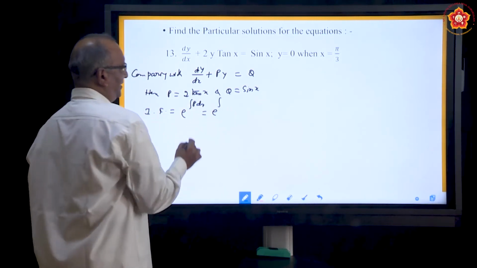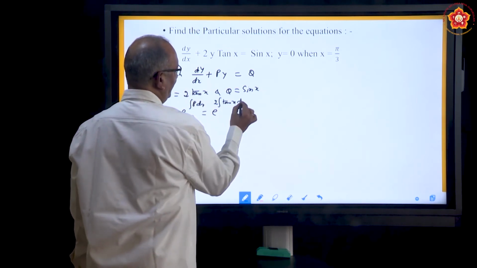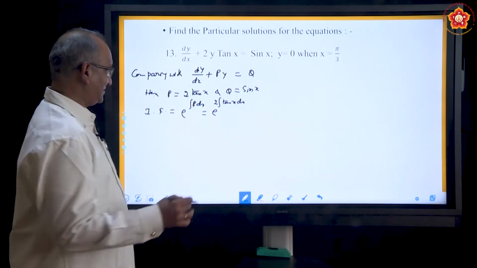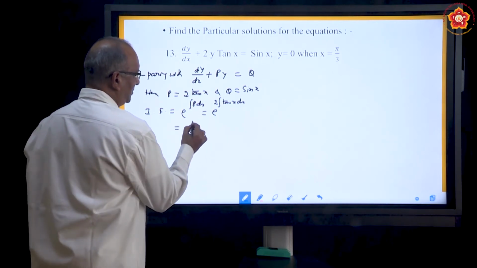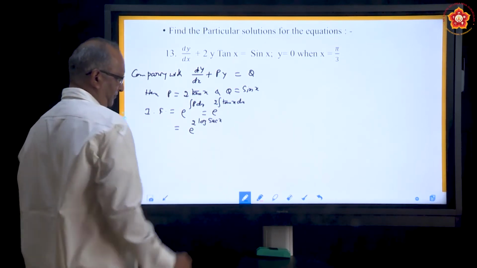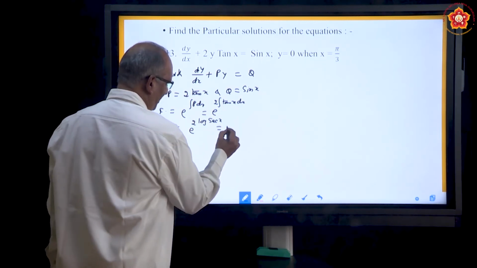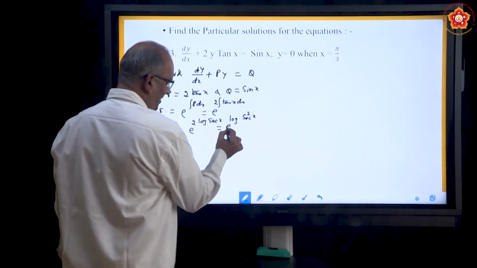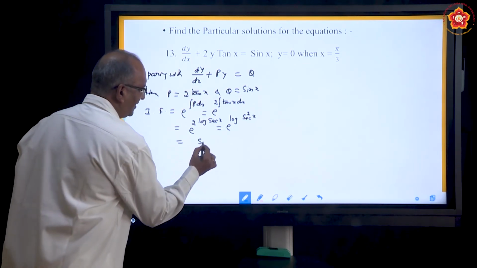What is p? 2 tan x, let 2 be outside, it is tan x dx. What is the integral of tan x? The integral of tan x is log sec x, so e to the power 2 into log sec x. To simplify, take this 2 inside, it becomes e to the power log sec square x. Log and e cancel, and you get the integration factor as sec square x.